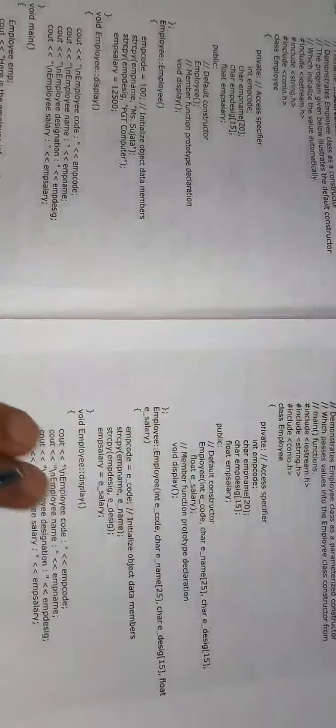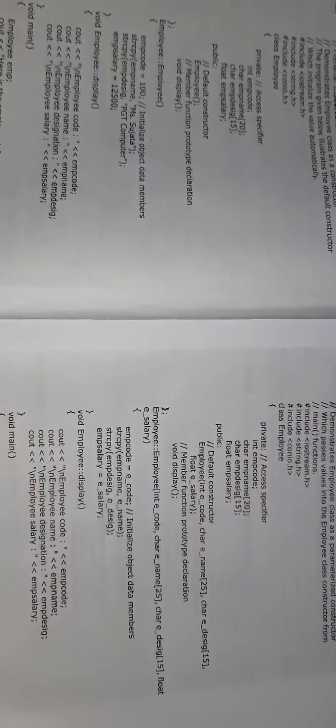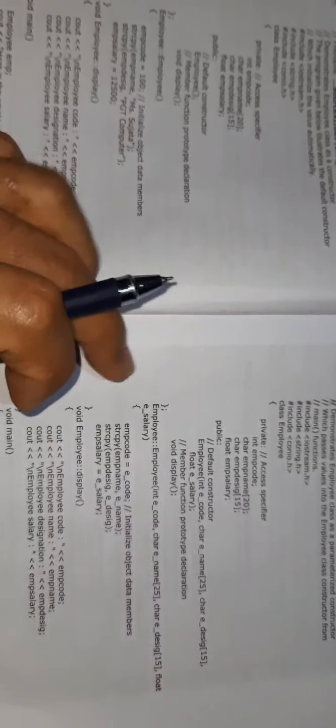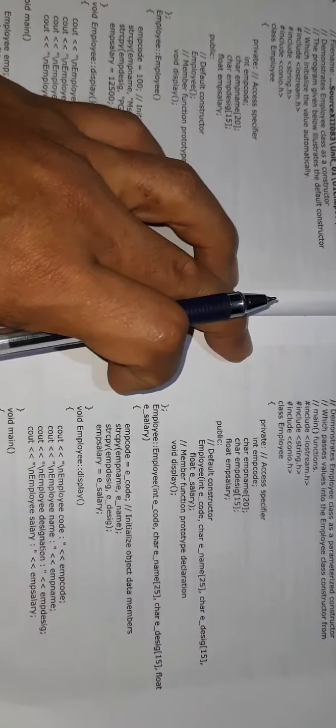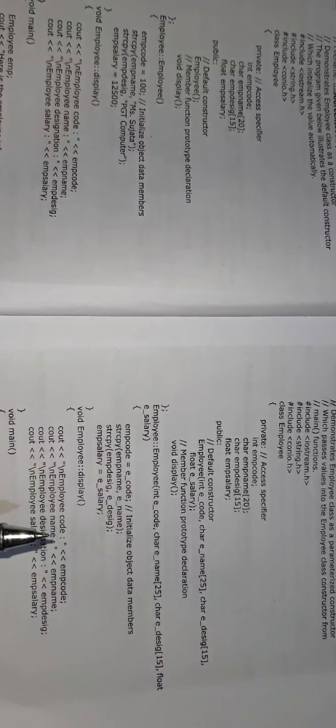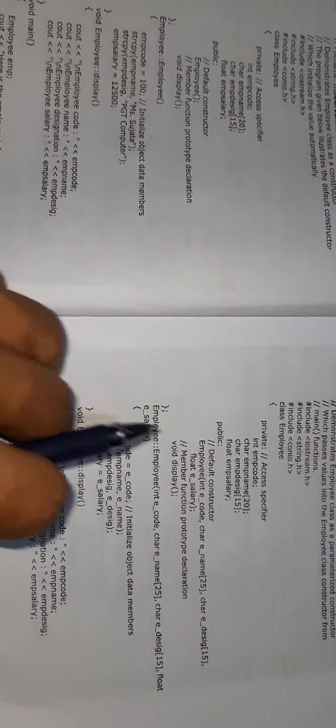But in the case of a parameterized constructor, it can be done implicitly and also explicitly. In an implicit declaration like that, a default constructor will be called.